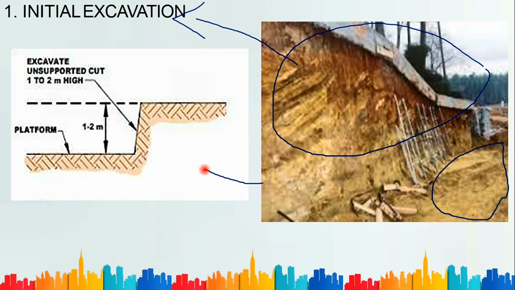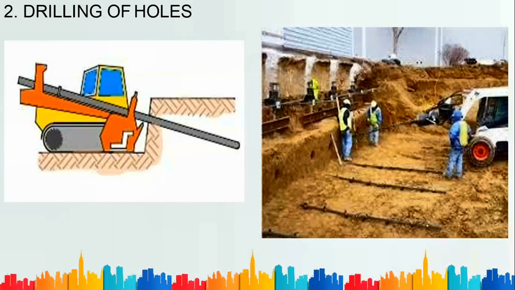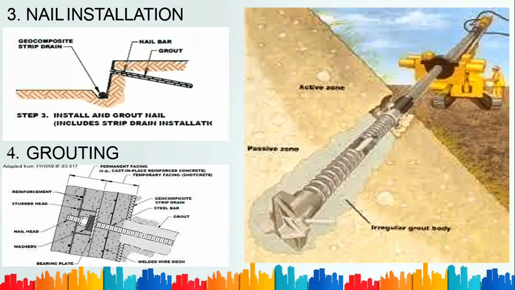Now consider that I need to construct a building. For that I start the excavation work, and this is my side face or cutting face. The first step is drilling: we drill into the side face like this with the help of this equipment. The next one is installation of the nail.